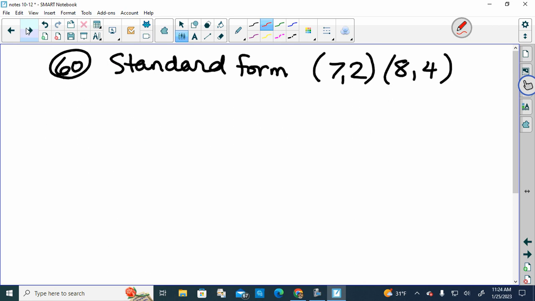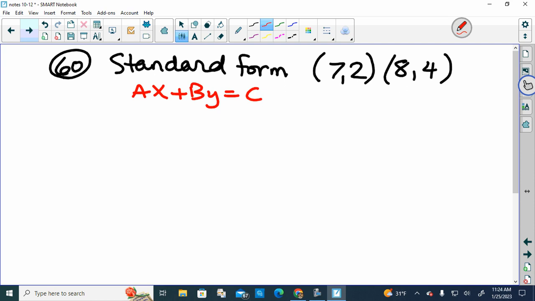Okay, so on number 60, they gave us coordinates and they want us to write it in standard form. Okay, so if you look back at your notes, standard form has the x and the y together on one side.